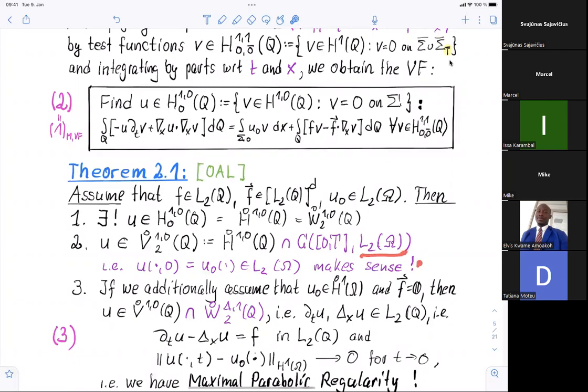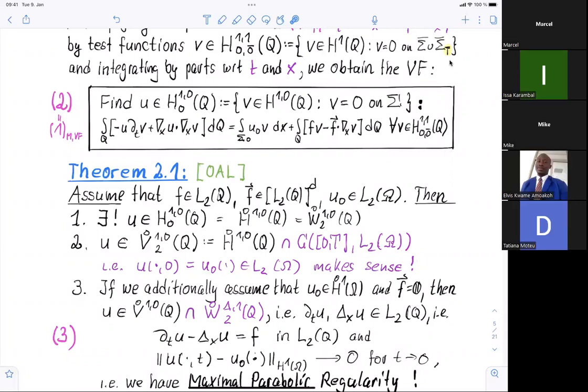And then initial conditions make sense in L2. So you see the initial condition in L2. So this was denoted with V. This is the notation from Olga Ladyzhenskaya. So this is an inbuilt regularity.